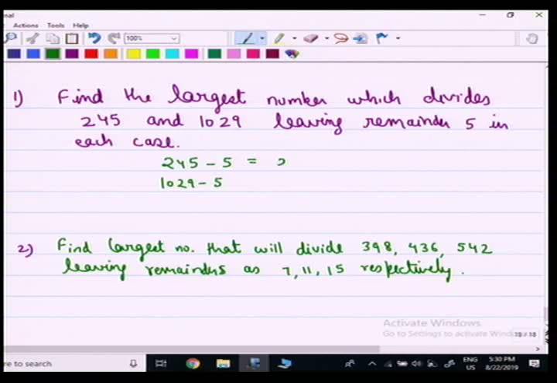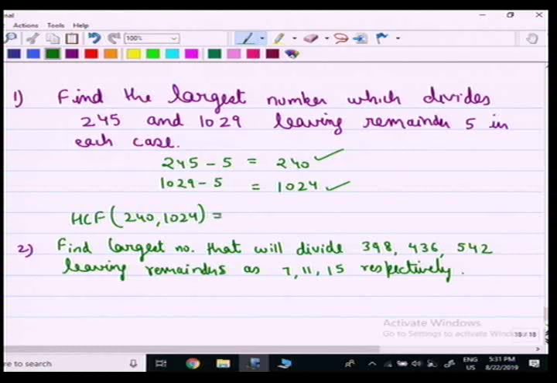If we subtract the remainder, we will get 240, and here it is 1024. Now we have to find the largest number which divides both of them exactly. The number which divides both of them exactly and is the largest is nothing but the HCF of 240 and 1024. So you can find the HCF by Euclid division algorithm.